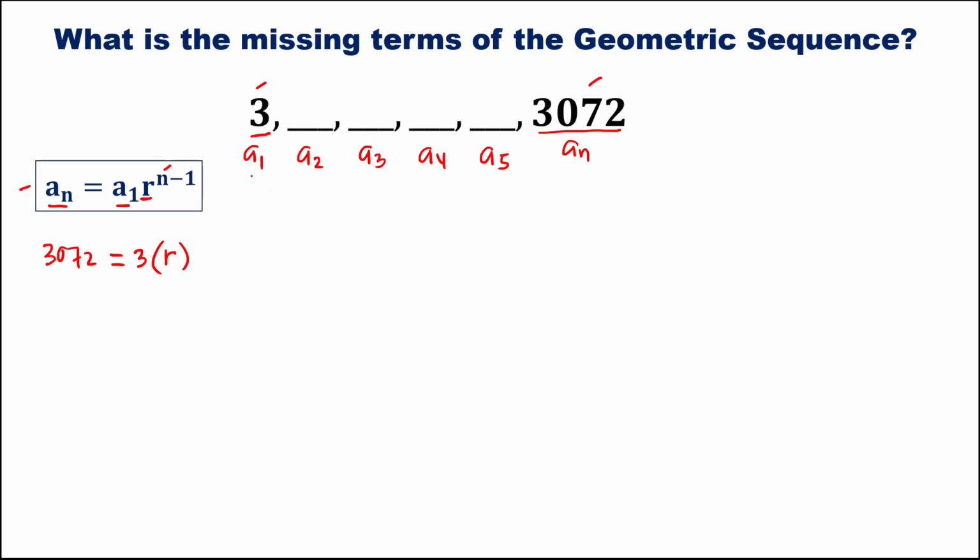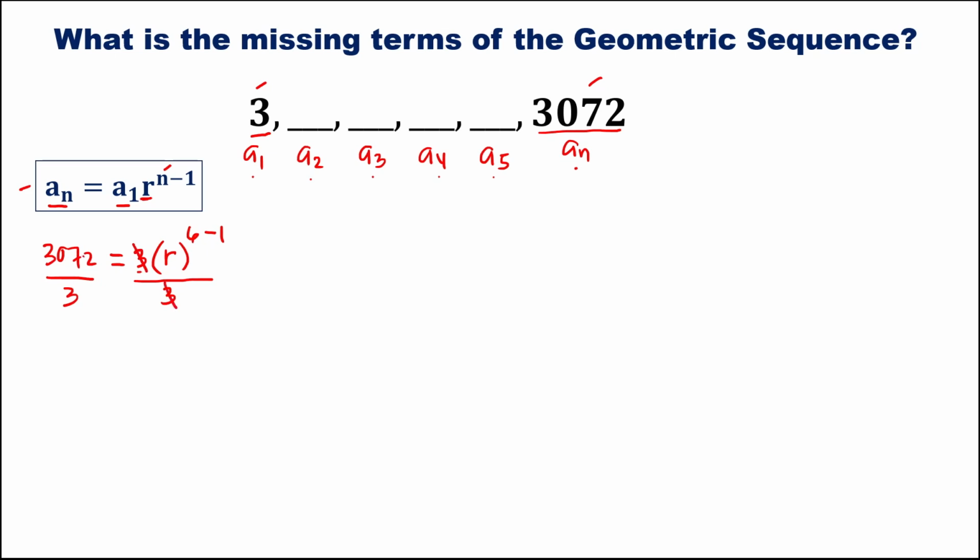Since there are 1, 2, 3, 4, 5, 6 terms, n is equal to 6, then minus 1. Then to solve for the common ratio, divide both sides by 3, to cancel this 3.